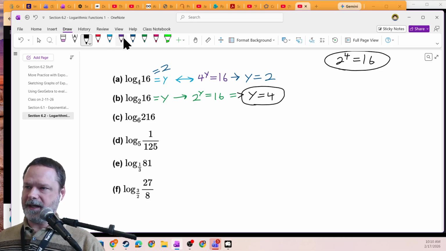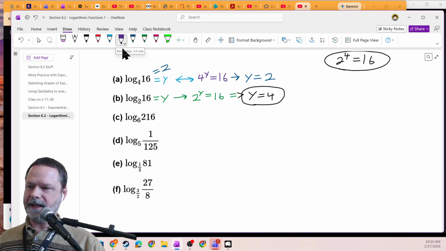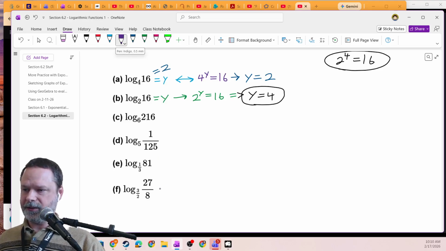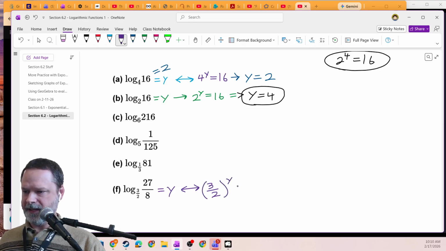Let me see here. I think we can do one more, and I think that'll be fine. You know what? I'm just going to skip down to the hardest question right here, and let's just see what we can do with this one. If we wanted to work it out in exponential form, what we would have is 3 halves raised to some power y equals 27 over 8.